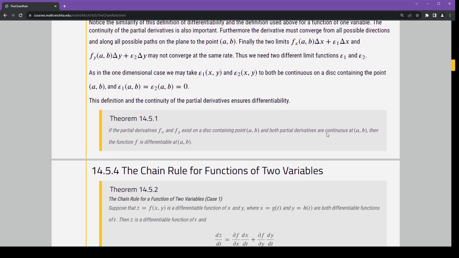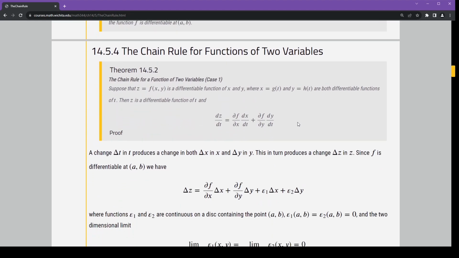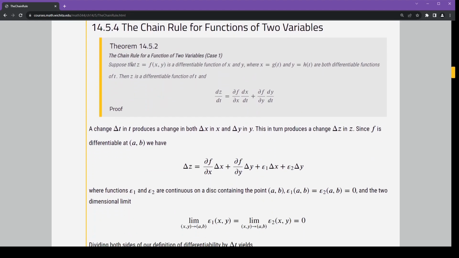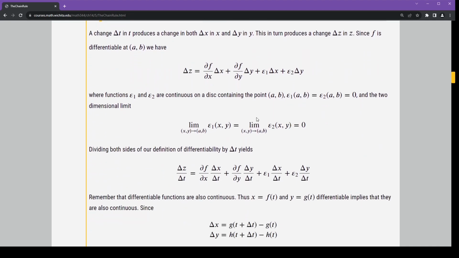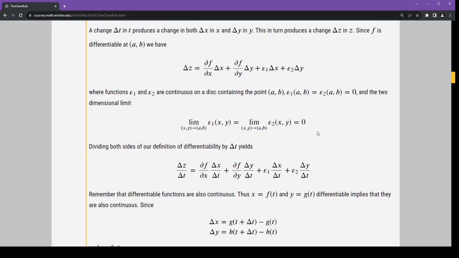And when we have the expression here for case 1, we get the expression that I just wrote down. And what happens is we set up the differential expression, and we can see through some pretty easily verifiable facts that it has to be the case that both of those limits are 0.